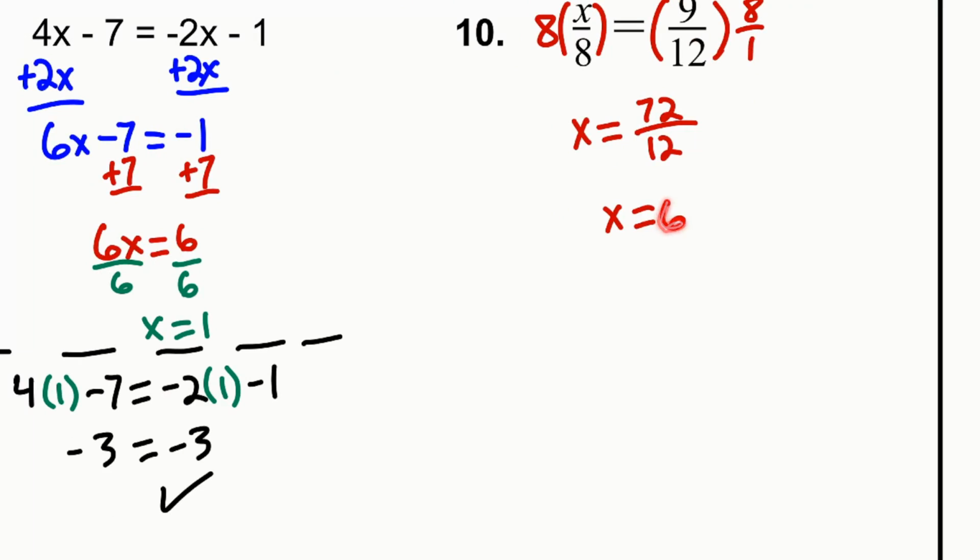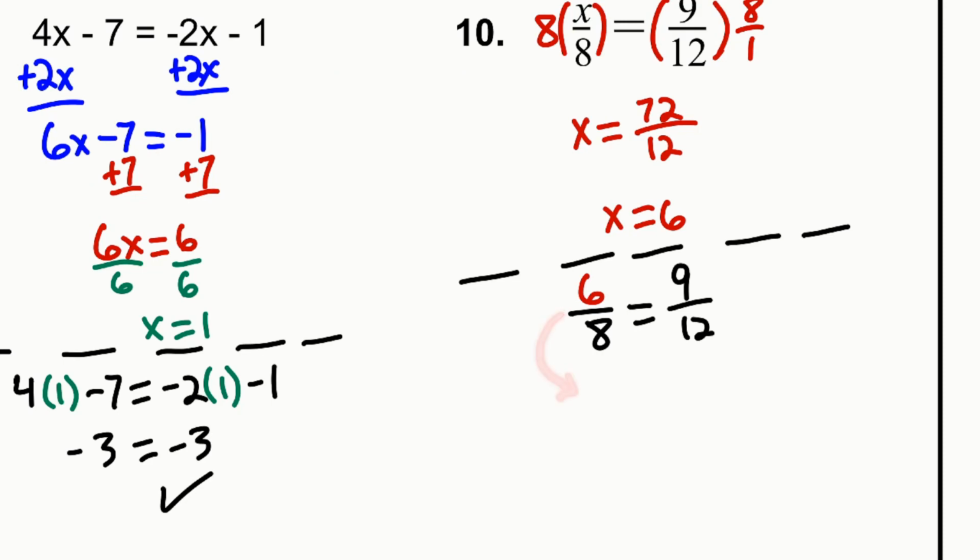Again, plugging in 6 into the original equation there. So we have 6 over 8 is equal to 9 over 12. Well, if I take this fraction and I'm going to divide the numerator and denominator by 2.